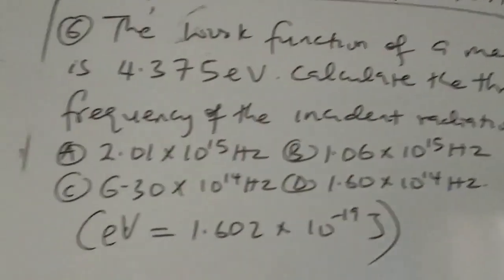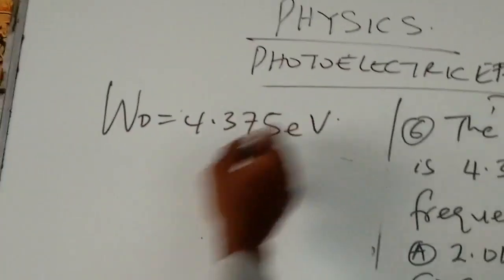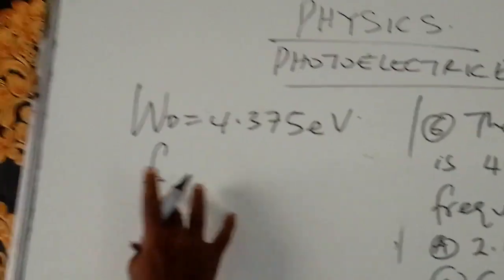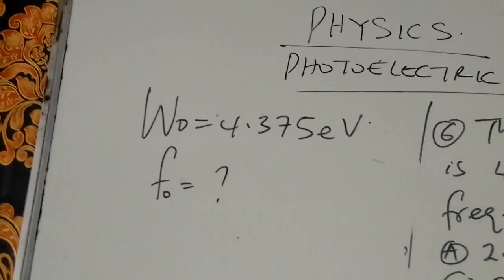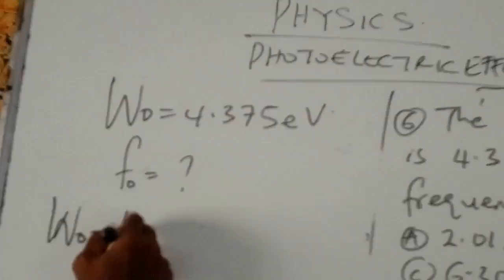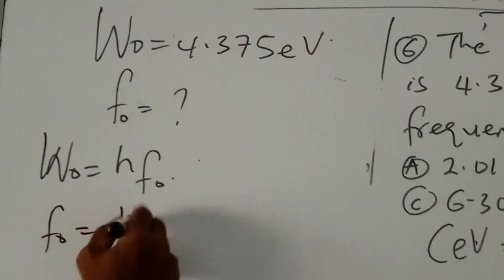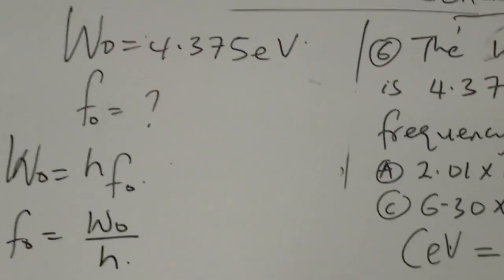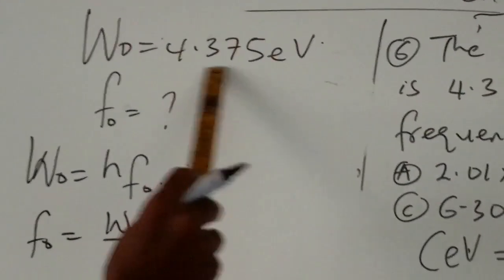Work function is given to us as 4.375 electron volts. We're looking for the threshold frequency, which is written as f subscript 0. And you know in physics, work function is given by Planck constant times threshold frequency. And then the threshold frequency now becomes work function over the Planck constant. Before we do that, the work function must be converted to joules.